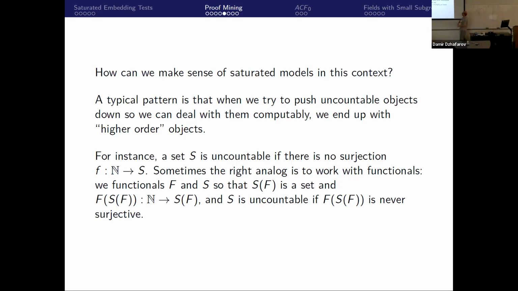And what I'm saying is that s wins. F is trying to make a surjection, and s is trying to not be surjected upon.